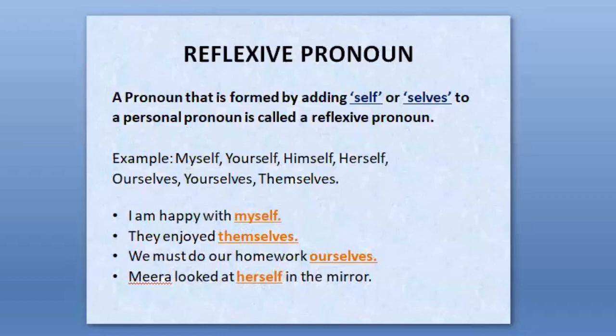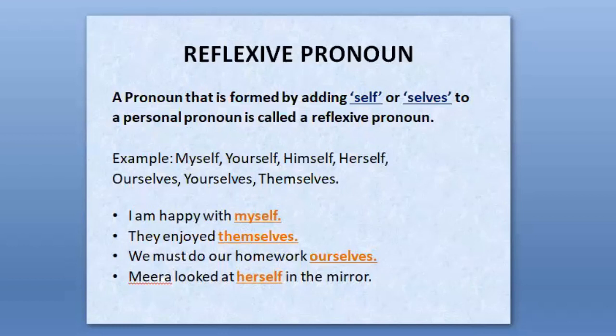Meera looked at herself in the mirror. Now why herself? Why not himself? Because Meera is a girl. So the girl will use herself and the boys will use himself. Now suppose I change the name Meera to Mohan. So Mohan looked at himself in the mirror.